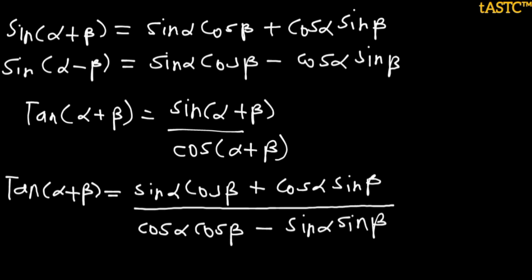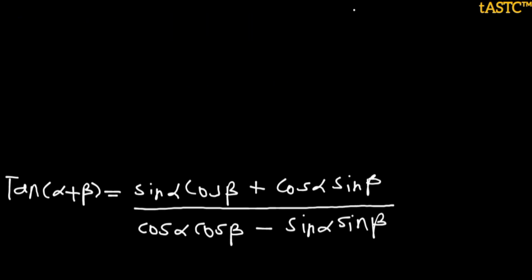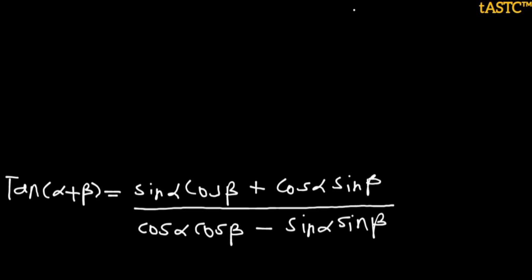Now, there is something else that we can do from here. I'm going to take this part of the denominator and divide through this whole equation with it. So I'll divide the numerator with this and the denominator with this. This is what I mean.